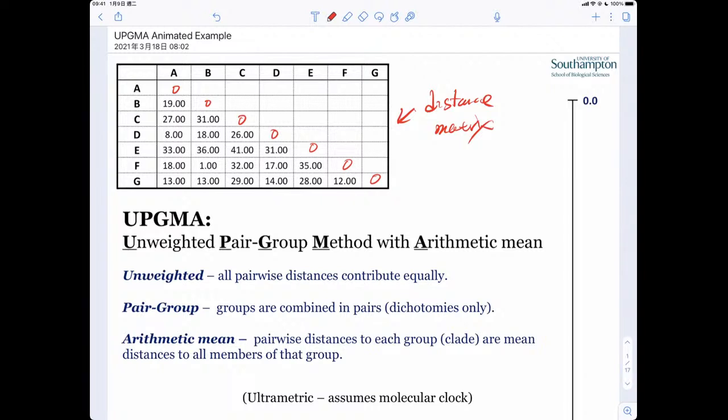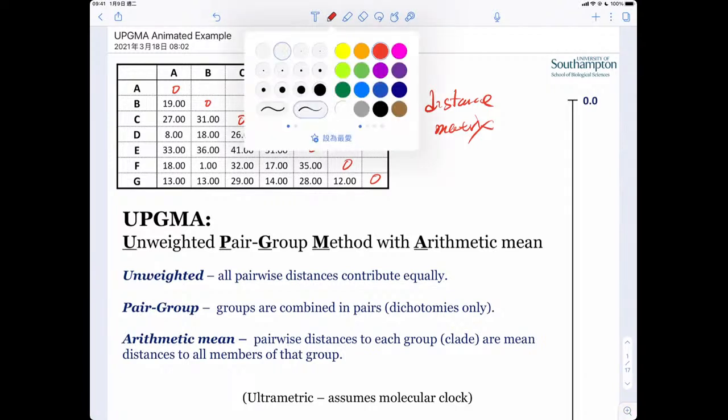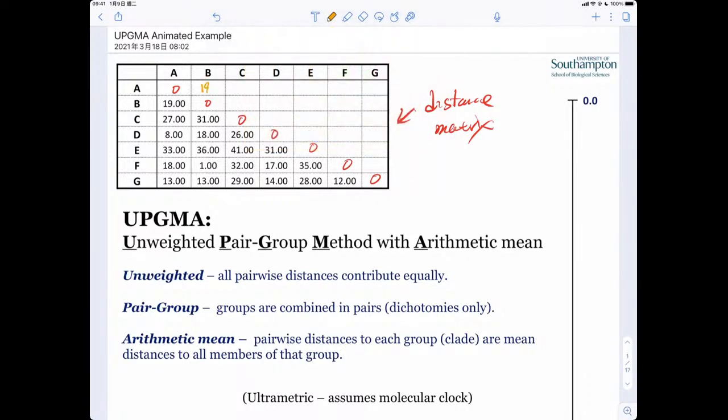Because the distance between A and B is the same as the distance between B and A. So it should be 19 right here because it should be symmetric. But it's okay, we only use half of this matrix to run UPGMA, which is a clustering algorithm.